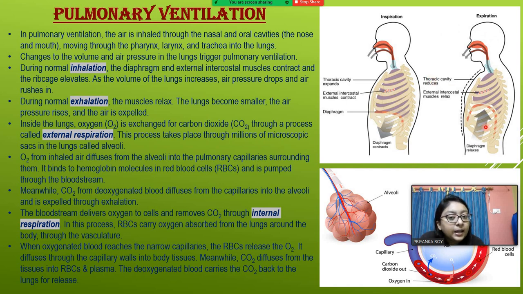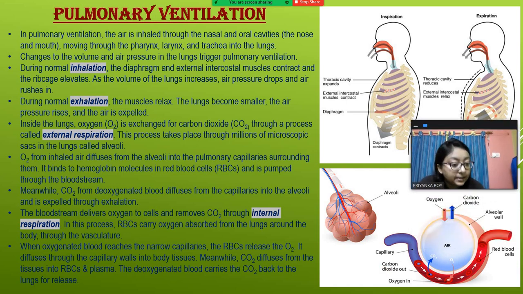So inside the lungs, this O2-CO2 exchange takes place in the alveoli, like I already mentioned, and this process is known as external respiration. Since it is occurring outside the cells, since it is extracellular, it is known as external respiration.